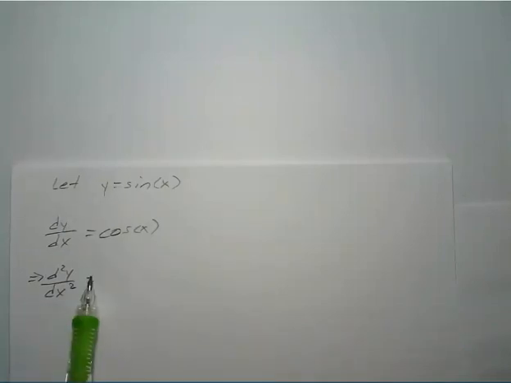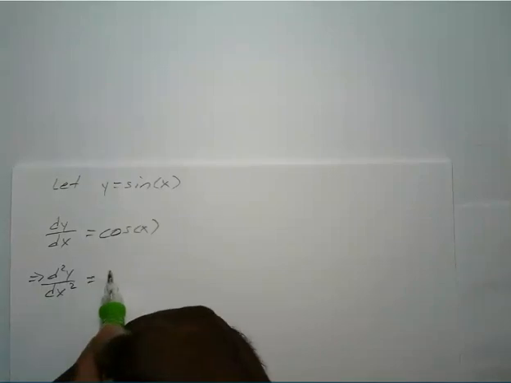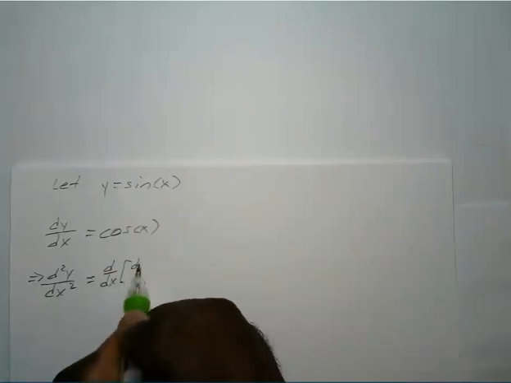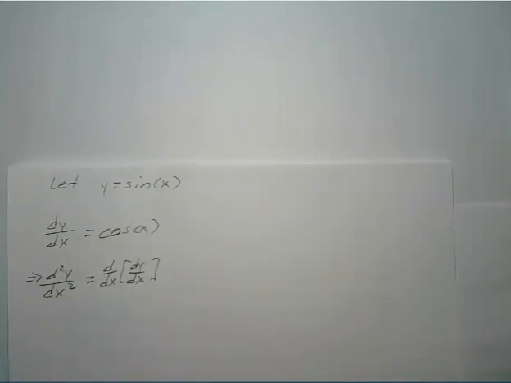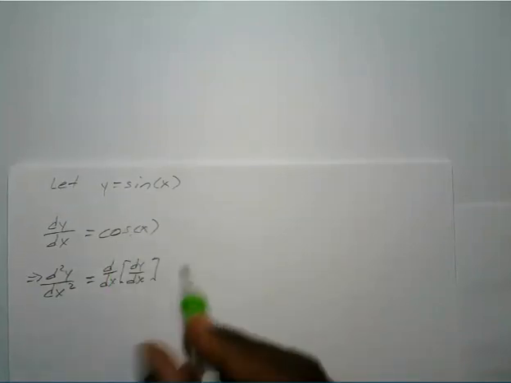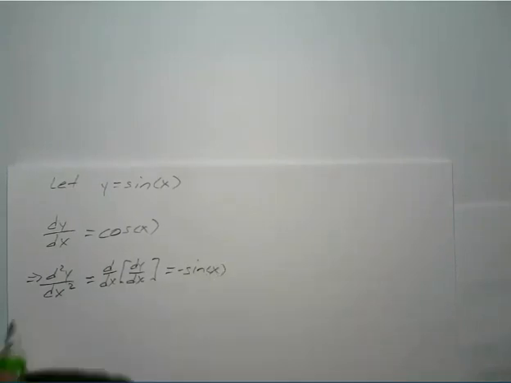That's just the derivative of our first derivative. So the derivative of cosine is negative sine. What about our third derivative?